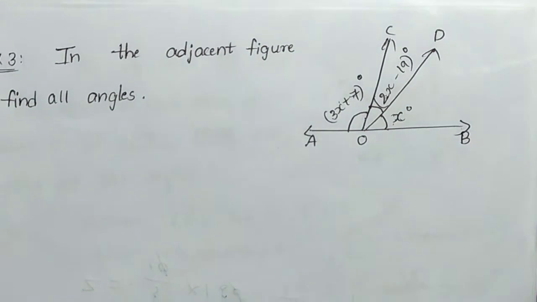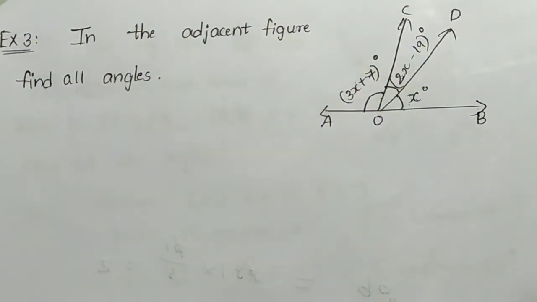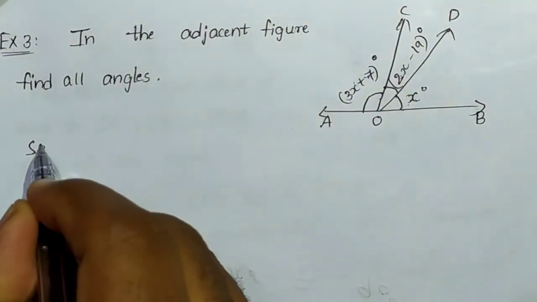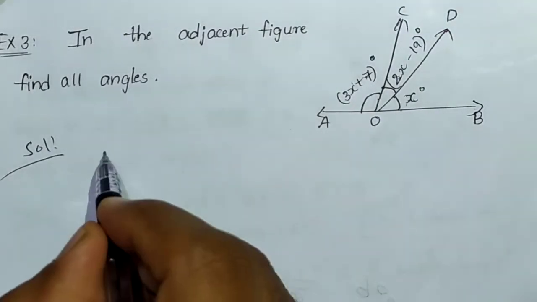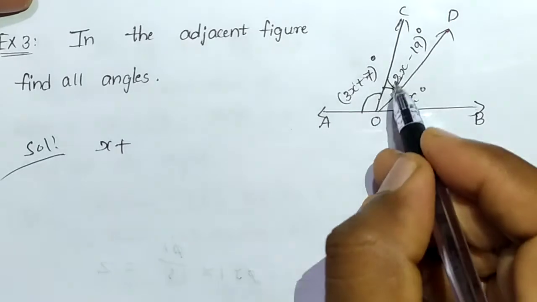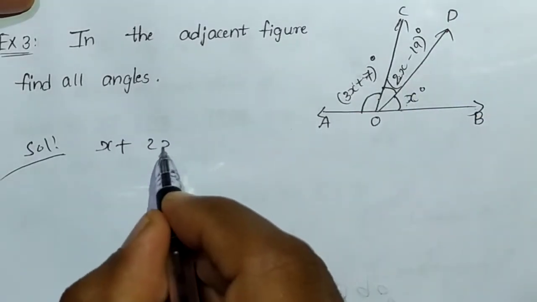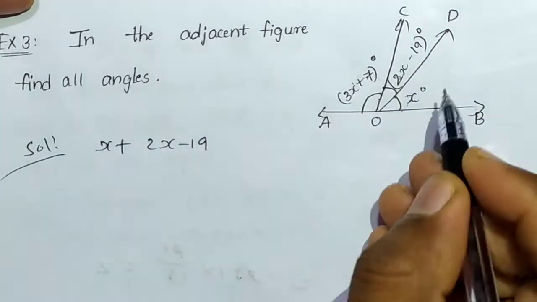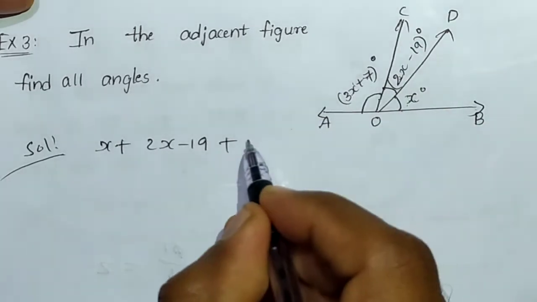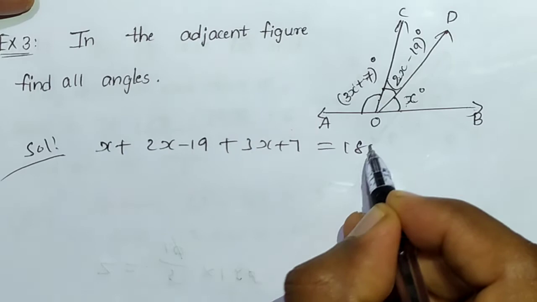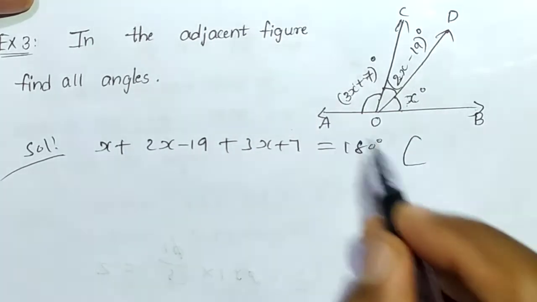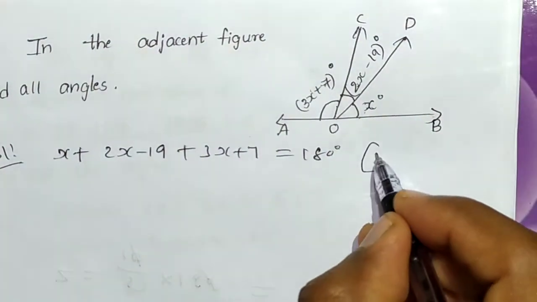So by using the linear angles formula, the sum of all angles, x plus 2x minus 19 plus 3x plus 7, is equal to 180 degrees. Why? Because the 3 are linear angles.